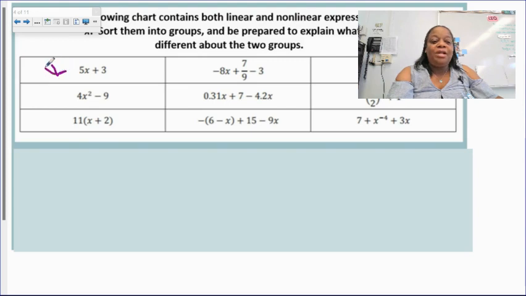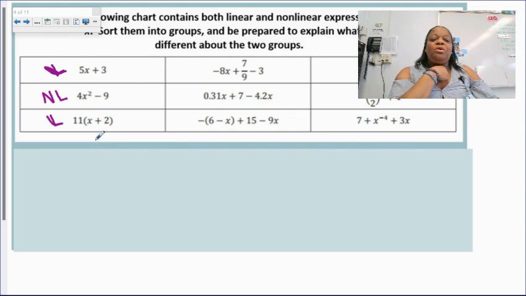So I'm going to put L for linear, and this one also is going to be L for linear. Now this one here is nonlinear. So looking at those three, you have two that are linear and one that's nonlinear.